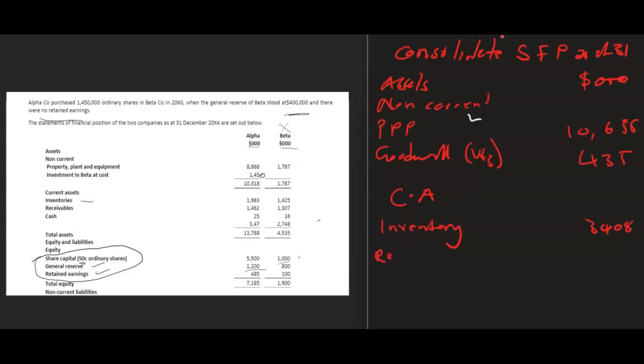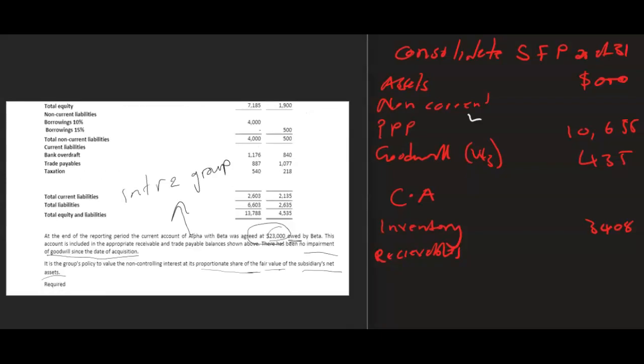Okay, we have our receivables. So receivables, we are going to add these, but remember in our note here we were told that 23,000 was an intra-group transaction. Remember, worth of goods. These worth of goods were an intra-transaction, meaning from one pocket to the other. So they didn't actually leave the company.